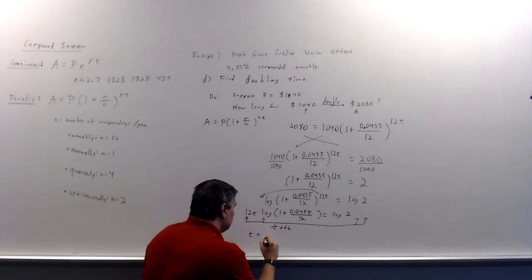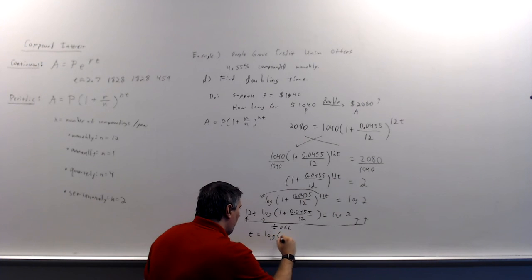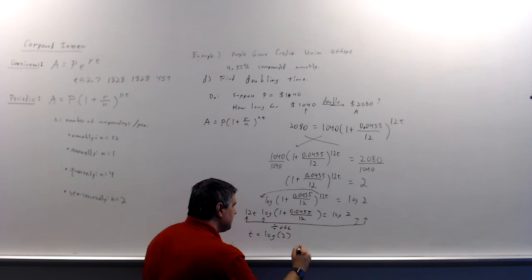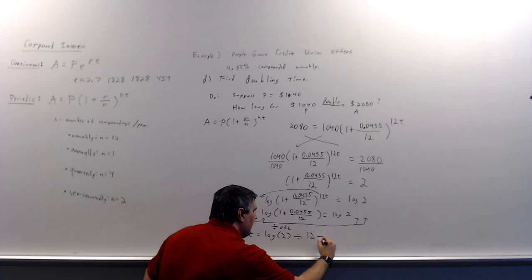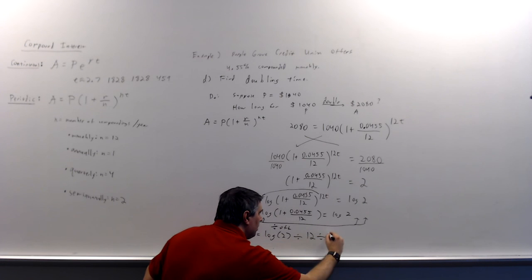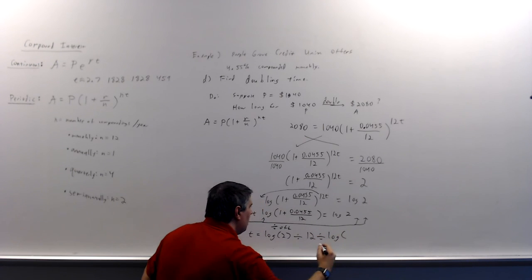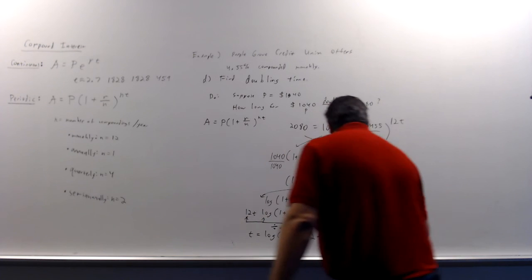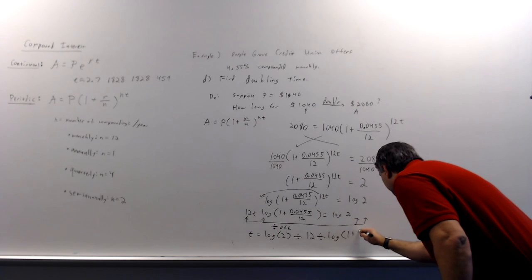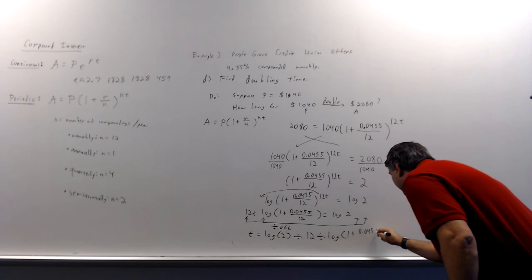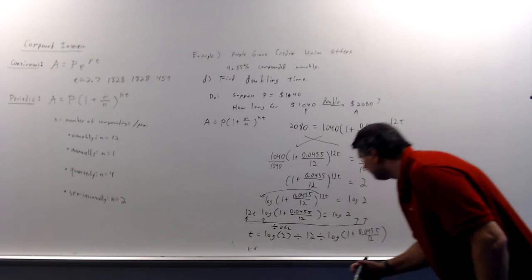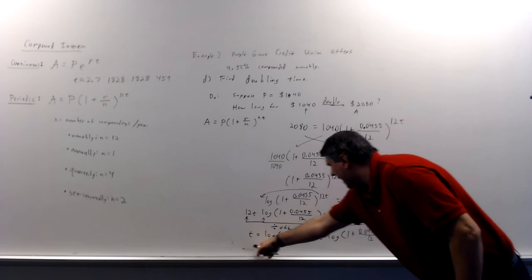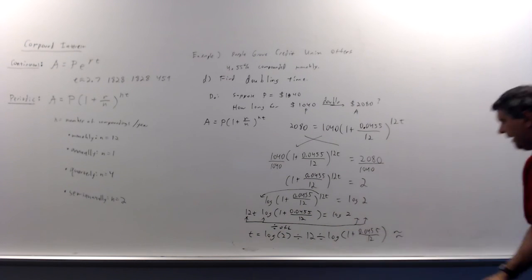So t equals log of 2, I'll put it in parentheses to be on the safe side, divided by the 12, divided by the common log of 1 plus 0.0455 over 12, balance the parenthesis. You know what, I could just go ahead and do that right there.